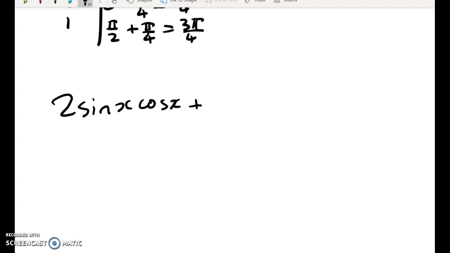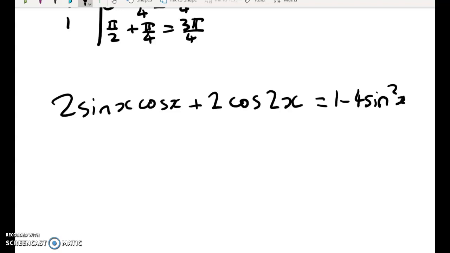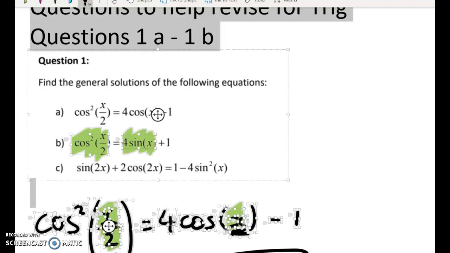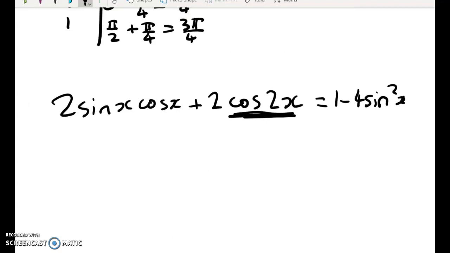So we had here 2 cos of 2x equals 1 minus 4 sine squared x. Now the expansion that she chose to do here was the cos squared minus the sine squared. I just want to check that I've got exactly the right equation before we start up again. 2 cos of 2x, yep, that's right.